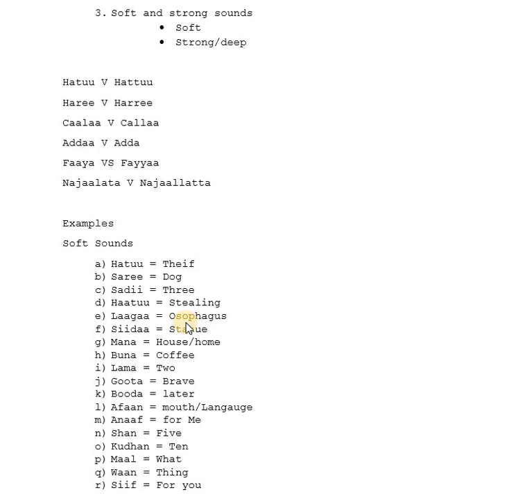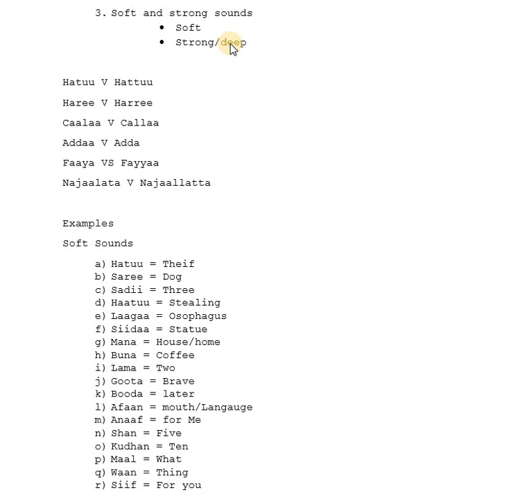If we stay only a bit, just to say the word, we call it a short sound. Please go back and watch the other video. Here we deal with soft and strong sounds. Soft and strong means how strong the sound we hear is, how deep the sound we hear is, and soft is how soft it is.